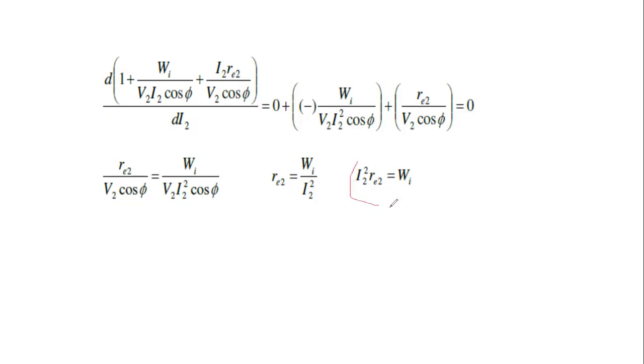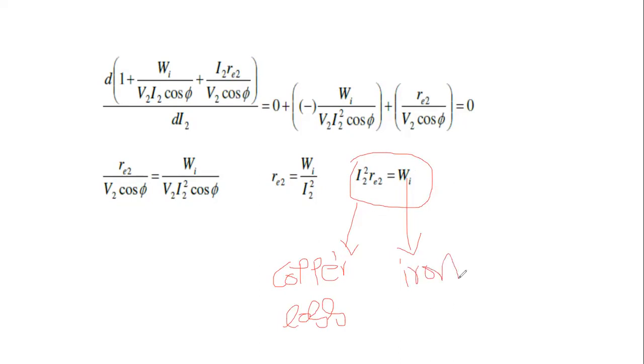Therefore, I2 square R2 is the copper losses, and Wi is the iron losses.